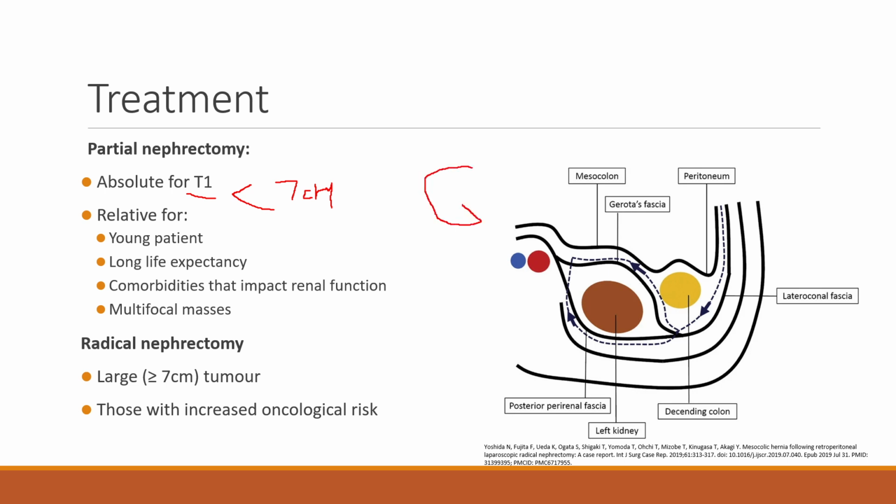I tried to look at why a multifocal mass is one of the indications. Some claim that, let's say here you have many masses, so you cut them separately. At the end of the day, you have very little kidney tissue left after the surgery.